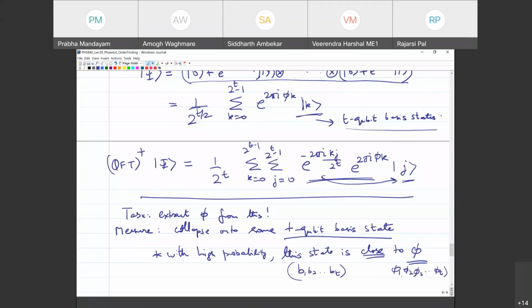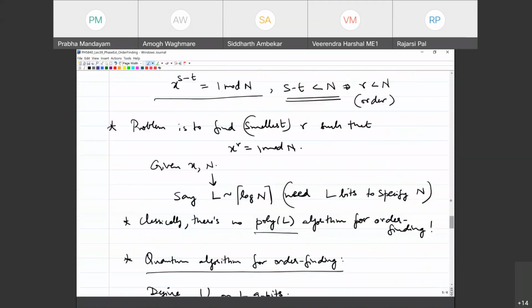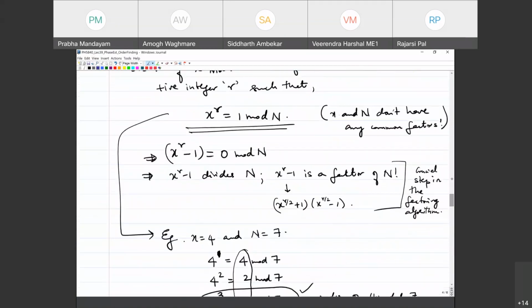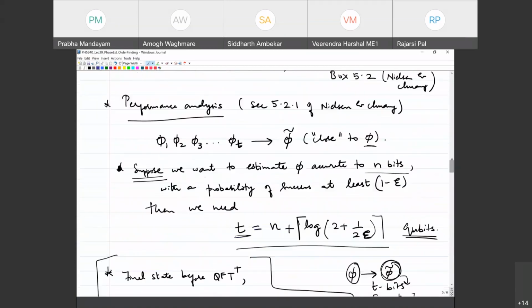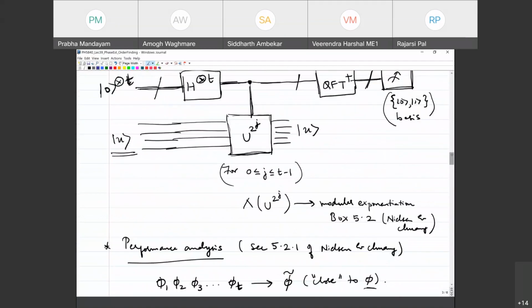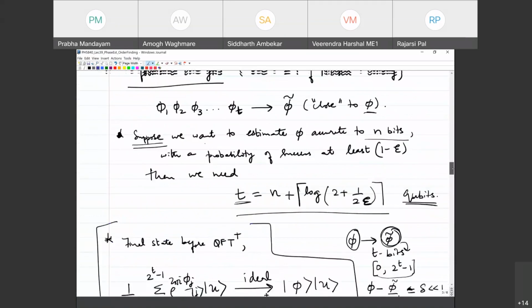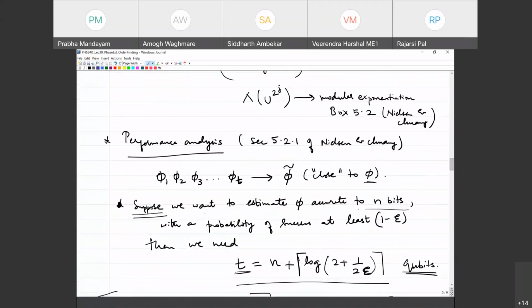And the two parameters that are therefore present in this analysis are how close these two are. So there is an error tolerance that you have to fix, right? And that fixes the probability for you. And the error tolerance also fixes how many qubits you need in your data register. So this is what I stated yesterday, that you estimate this accurate to n bits.